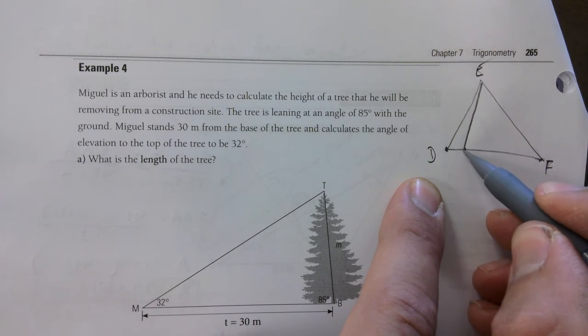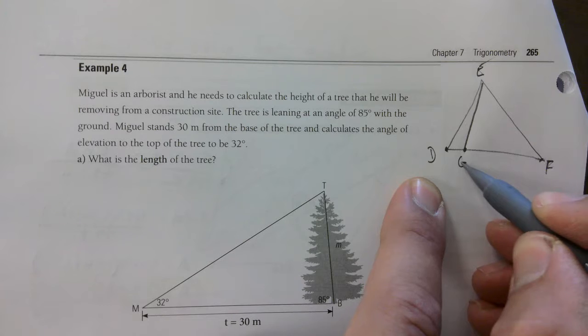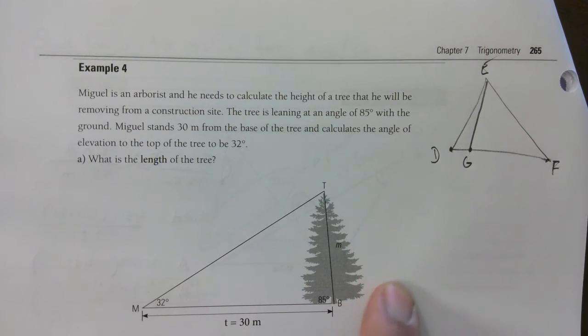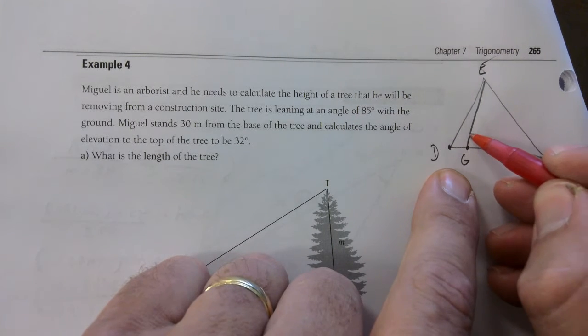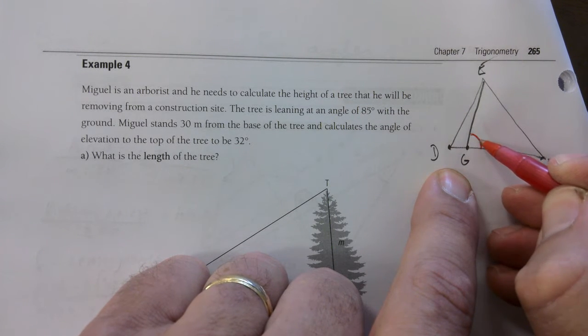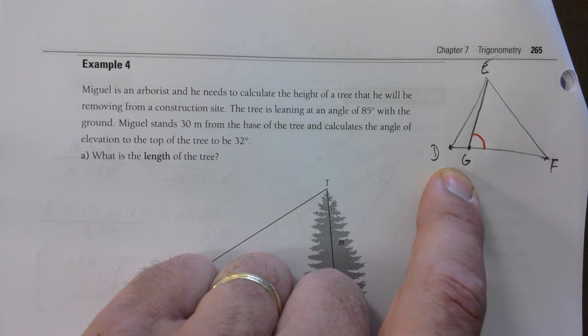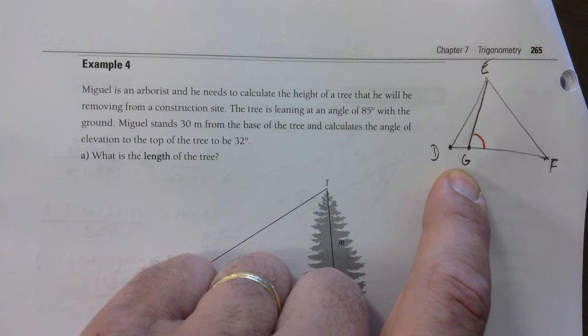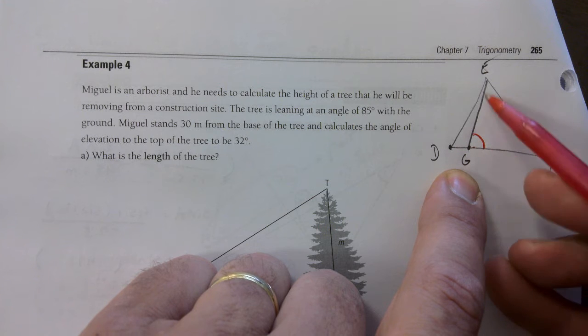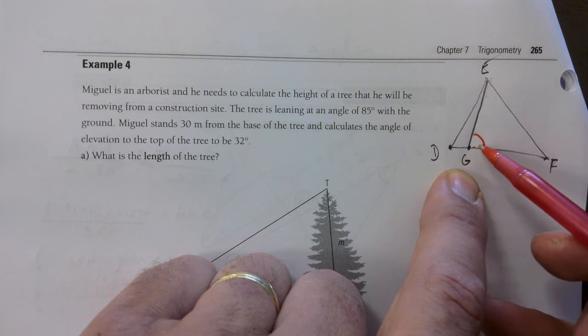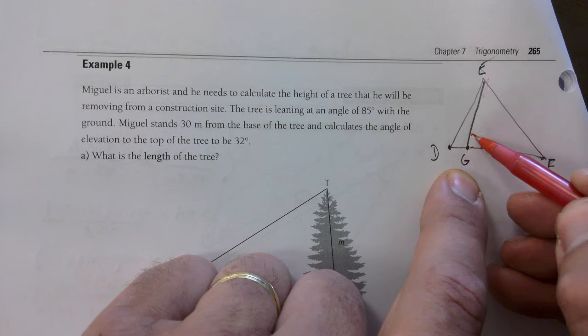And so this point right here is called G. Okay. If you wanted to talk about this angle right here, can you just say angle G? It would be incorrect because G is split into two parts.